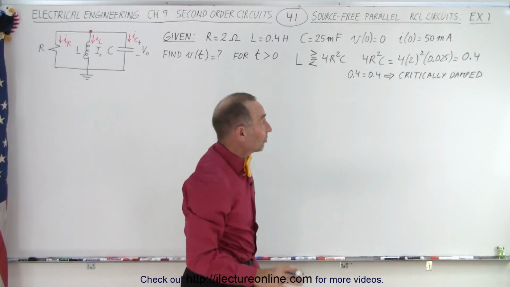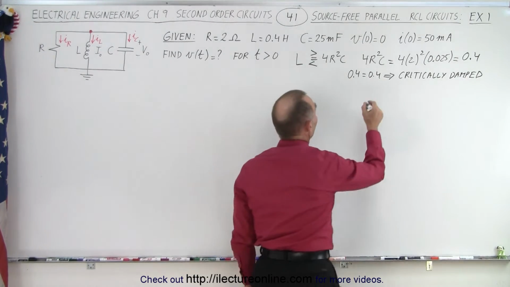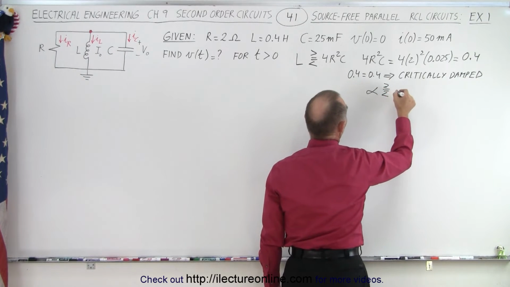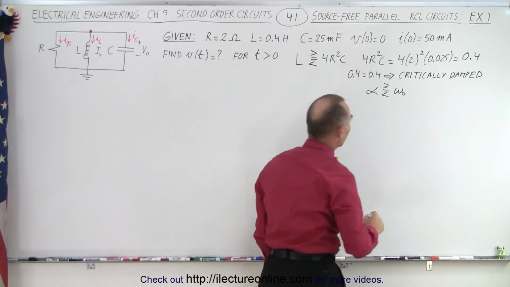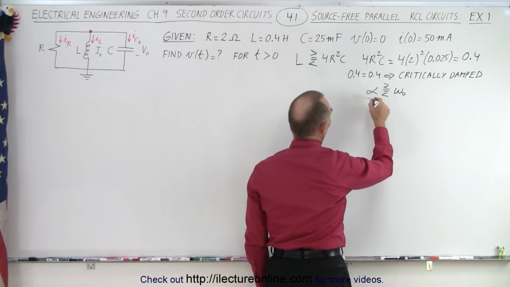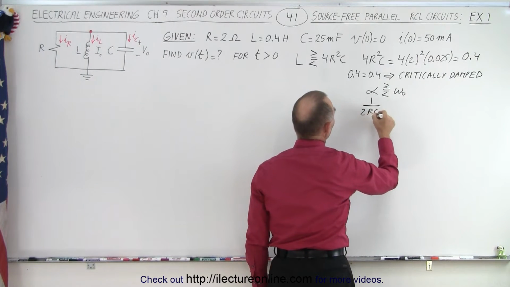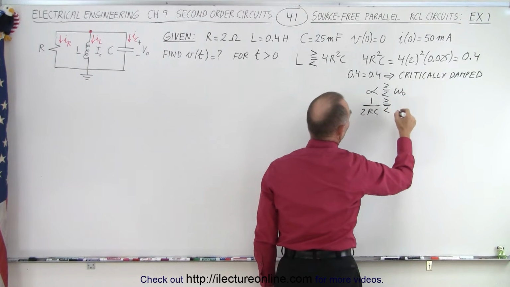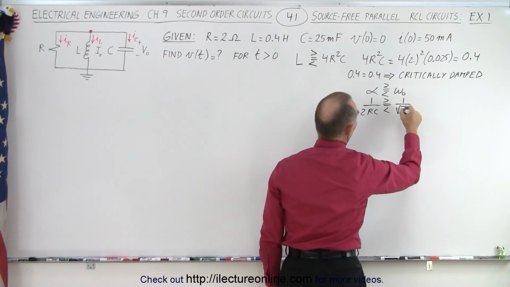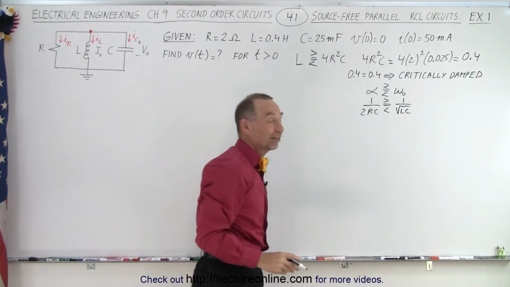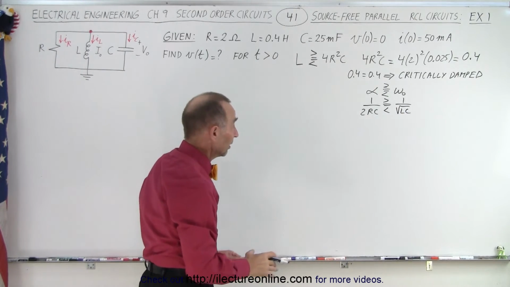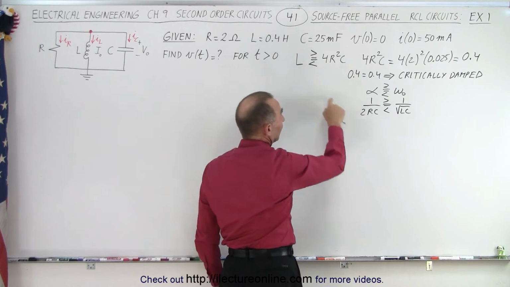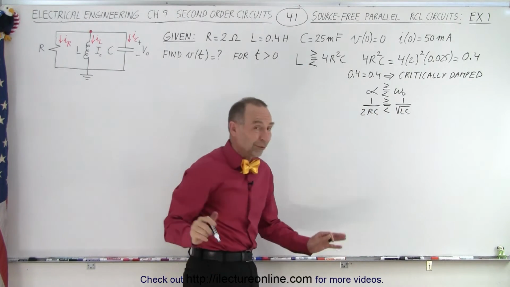We can also check whether alpha is greater than, equal to, or less than omega sub naught. Alpha is 1 over 2RC, and omega sub naught is 1 over the square root of L times C. If this is critically damped, we would assume those two are equal as well.